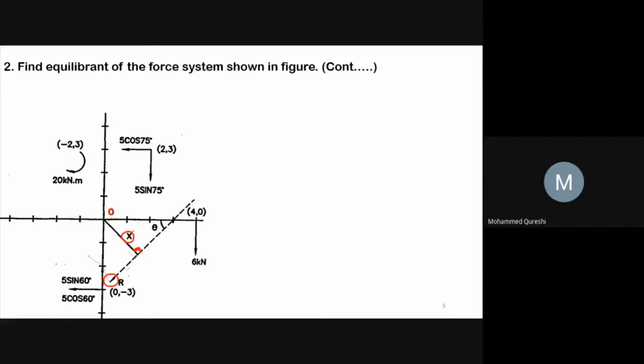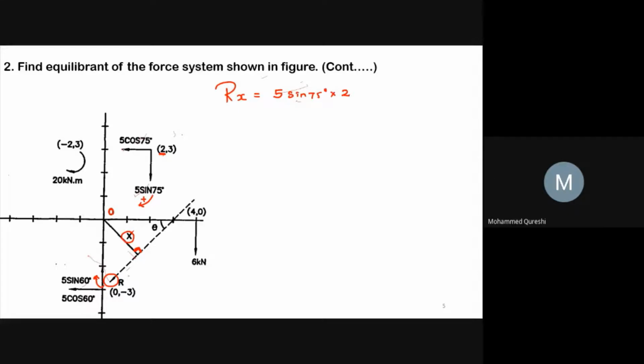from O. So for that, R into X, that is this force, and this R will move towards point O in clockwise direction, hence it will be positive, equals to 5 sine 75 degree, and this 5 sine 75 degree will move towards point A in clockwise direction, and hence it will be positive, and this vertical force makes horizontal distance of 2 meter with respect to point O. So 5 sine 75 into 2.